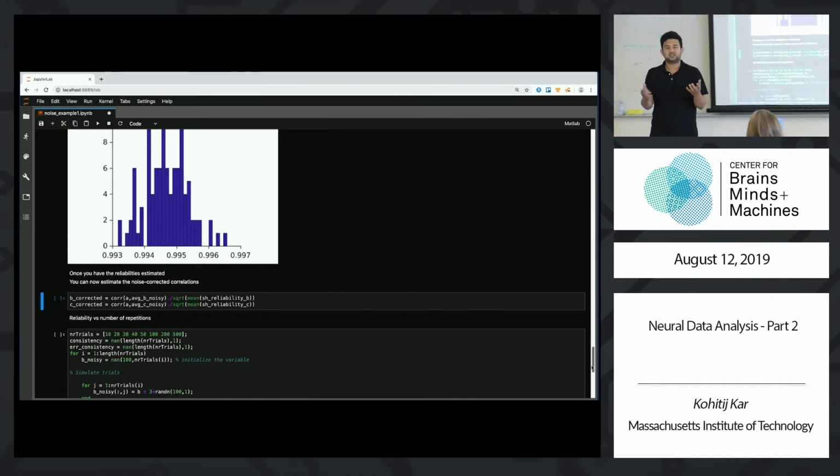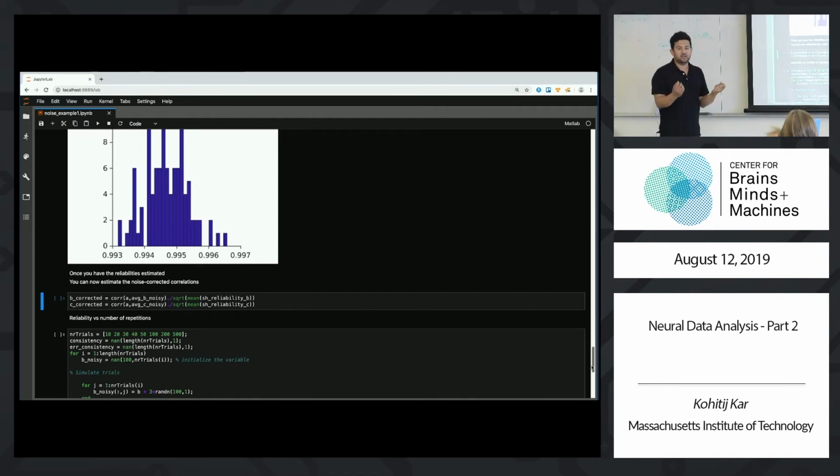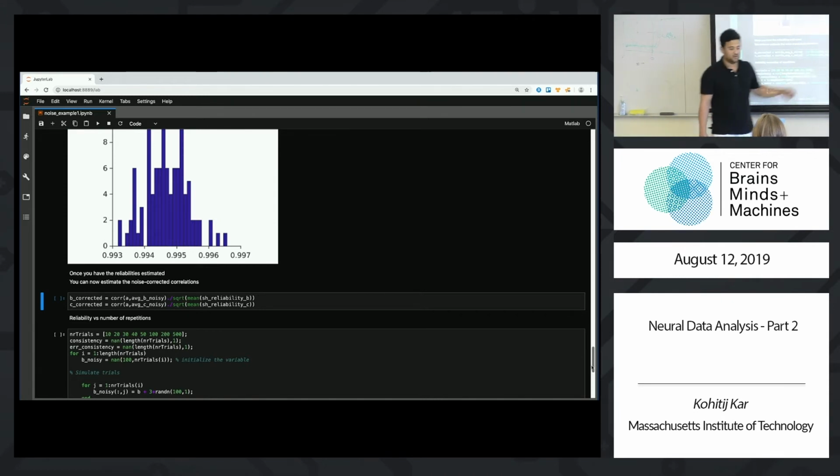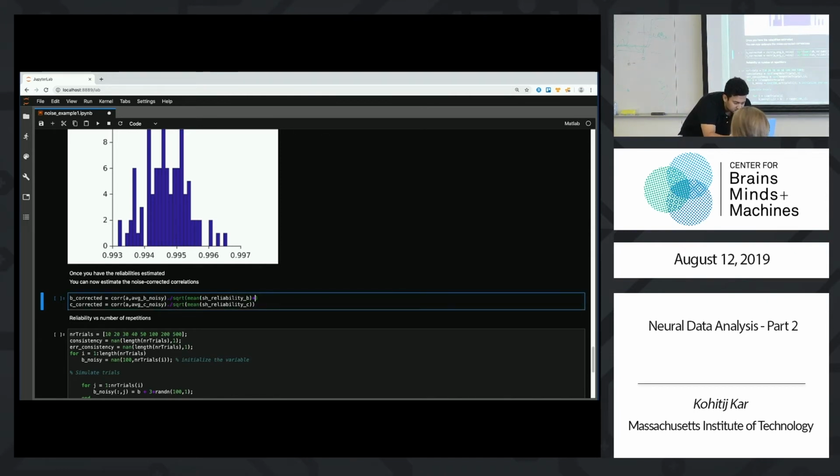So it is not necessary that one of A and B is noiseless and one is noisy. Both can be noisy. So right now, because A is not noisy, it's actually 1. So this is like this times 1, okay? Which I can actually write down just for simplicity, because A is not noisy.